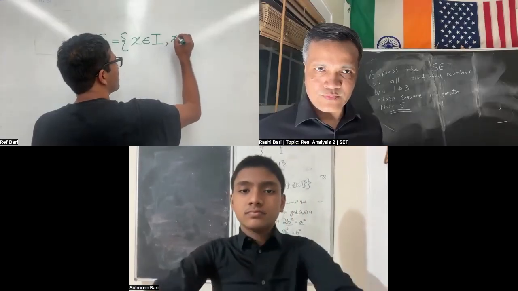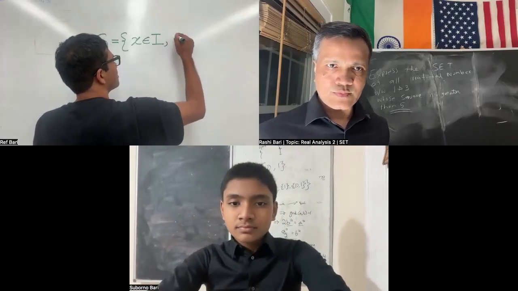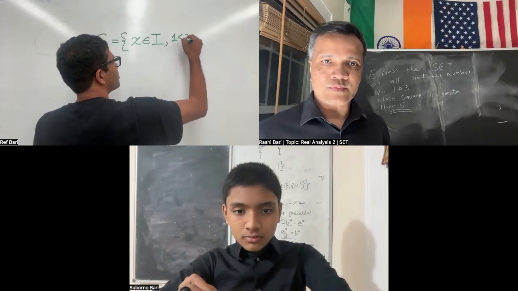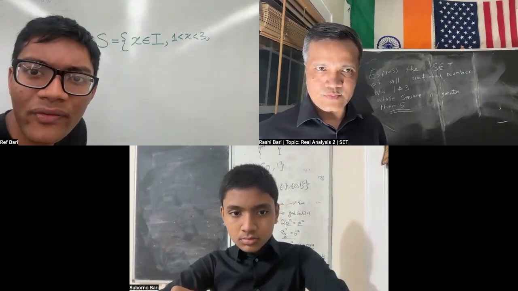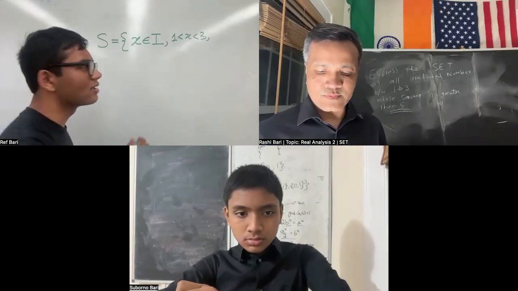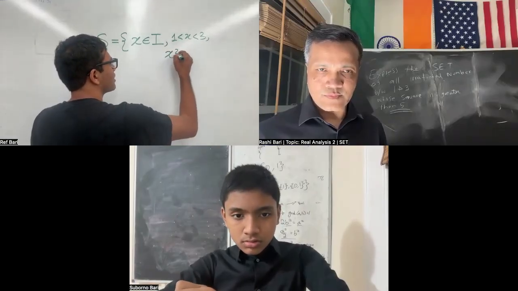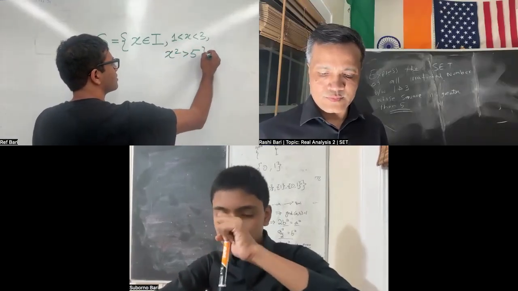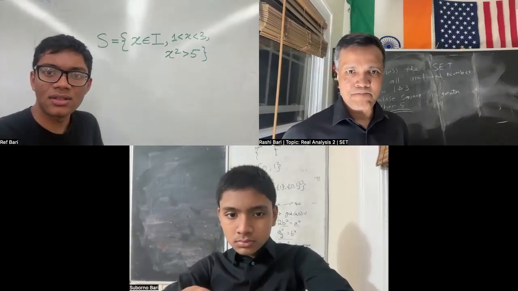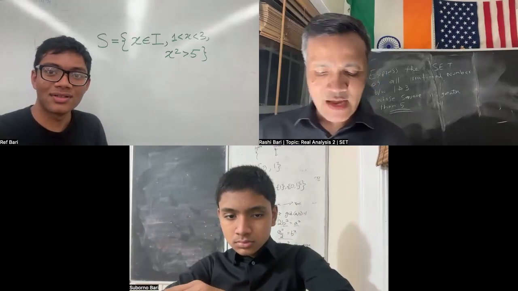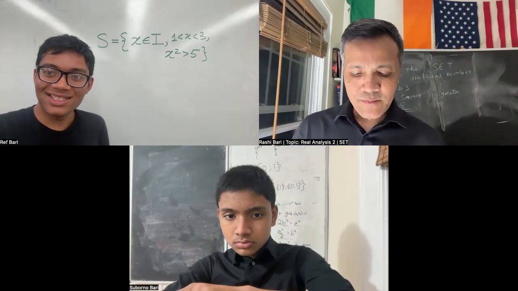So x is between 1 and 3, and the square of x is greater than 5. Okay, like this? That's it. Oh, wow. All right. Real analysis is easy.